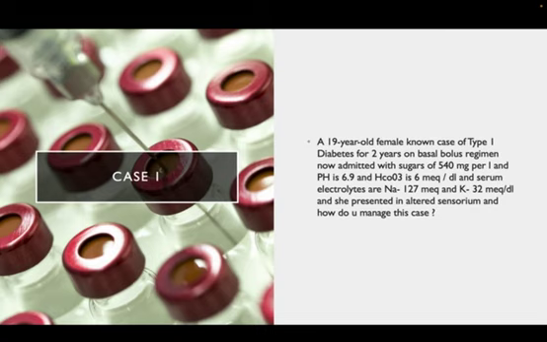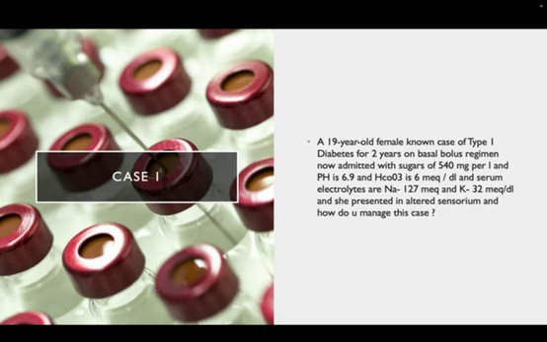But the problem is that whenever the sugars are very high, there is pseudo-hyponatremia. For every 100 milligrams per deciliter increase in glucose, there is a 1.6 milliequivalent false drop in sodium. Here the sugars are around 540. Let's say the sugars will come down to 140 or so, so there is a 400 increase. 400 into 1.6 is 6.4.